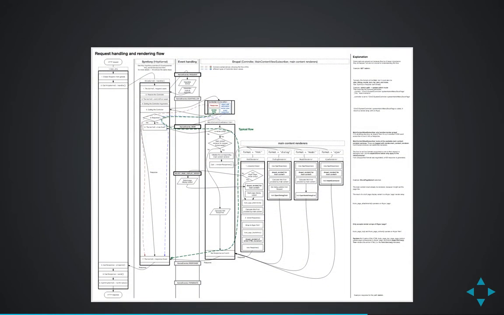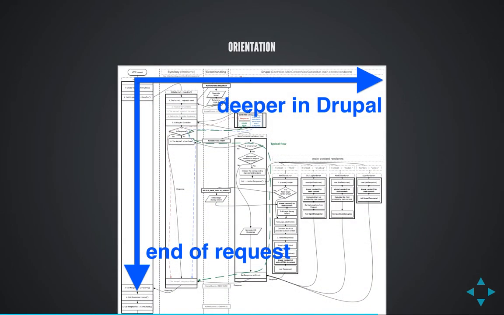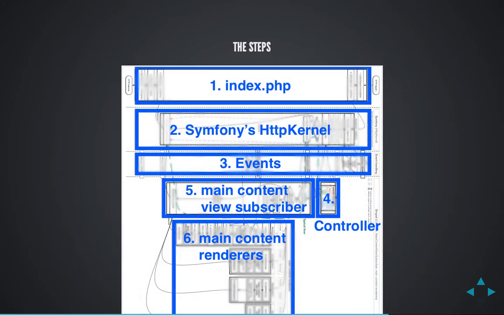So this was the big diagram, but by now you probably have a better sense that from the left to the right we are going deeper and deeper into Drupal. And from the top to the bottom we are going towards the end of the request. We're building a response as we go towards the bottom. If we flip it to the right, 90 degrees, then we can see the different layers quite clearly.